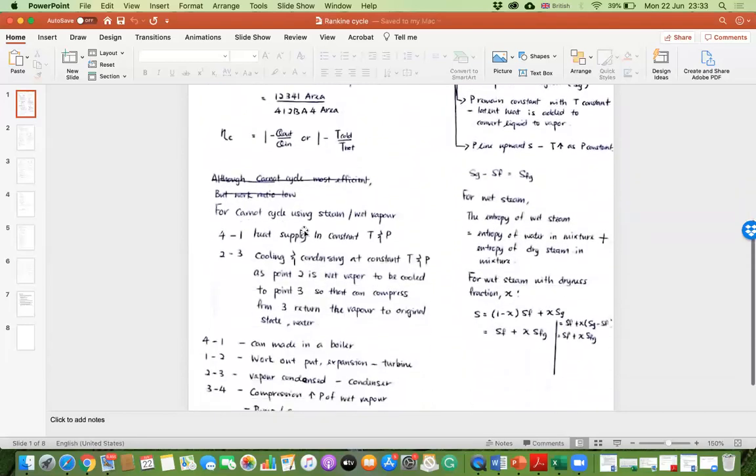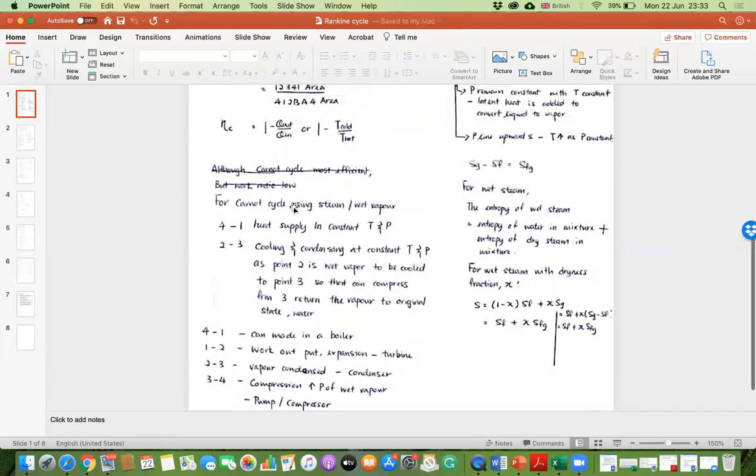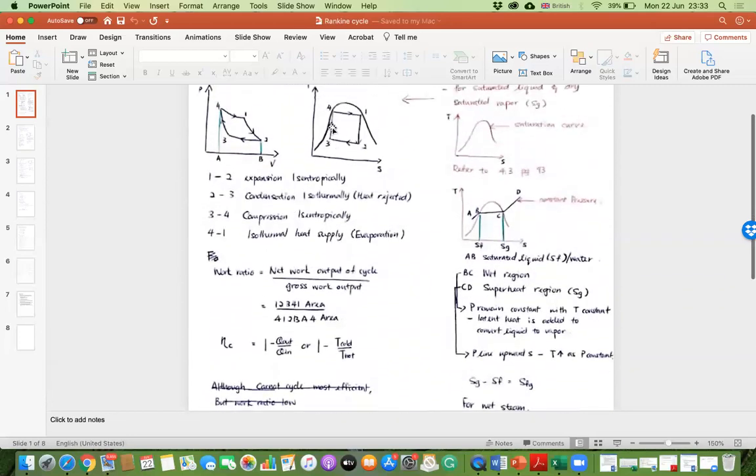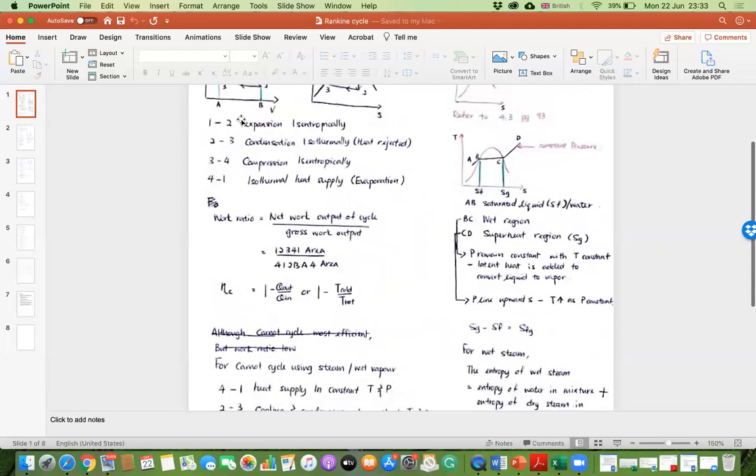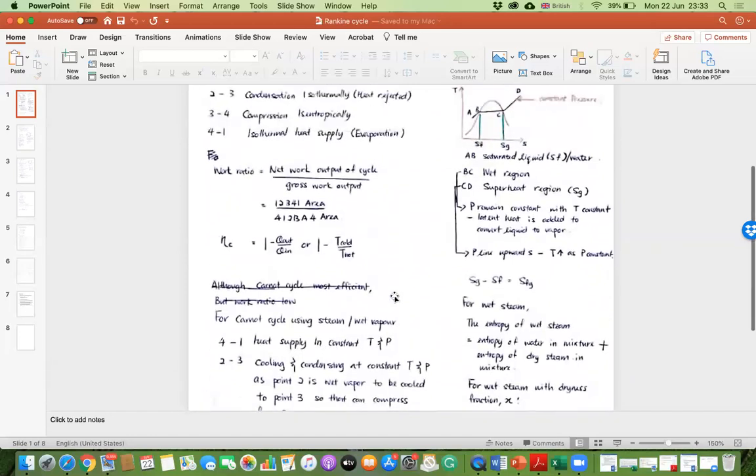So for the Carnot cycle using steam or wet vapor, 4 to 1 is Q in, isn't it? At this part, heat is supplied at constant temperature and pressure.